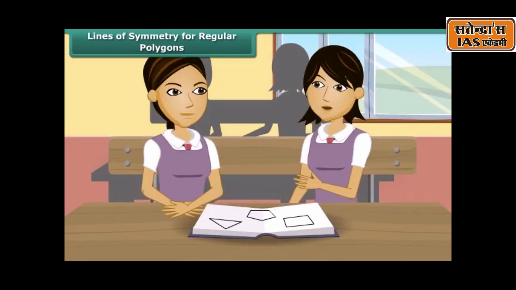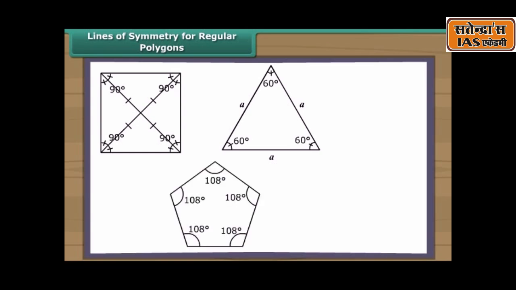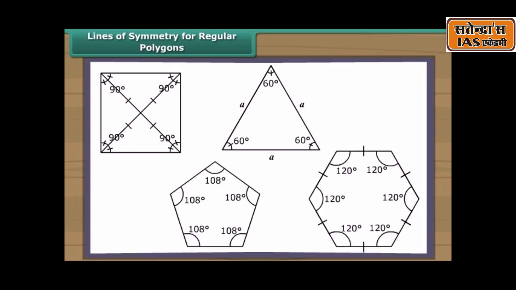And a regular polygon is one whose line segments are all equal and the measures of all the angles are equal. Therefore, a square, an equilateral triangle, a regular pentagon, a regular hexagon are examples of regular polygons. There all the sides are equal and the measures of their angles are also equal.